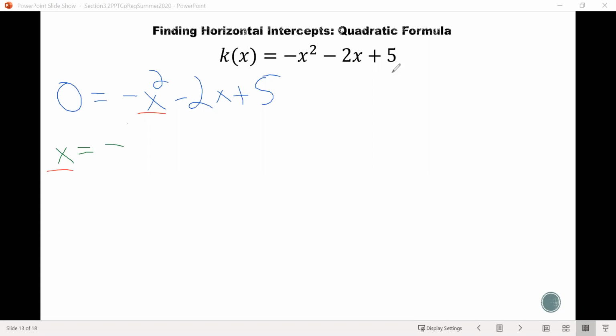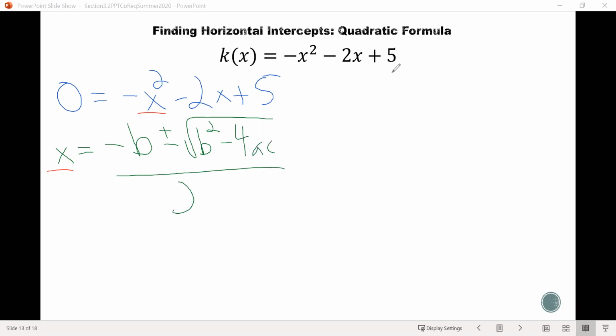So it's given by negative b plus or minus the square root of b squared minus 4ac, that whole thing being divided by 2a. Okay, so that's our quadratic formula. Note, and this is something you need to be careful about if you plug it into your calculator, the fraction bar is underneath the whole thing on the top. So it's not just underneath the root or underneath the b, it's underneath that whole thing there, okay?